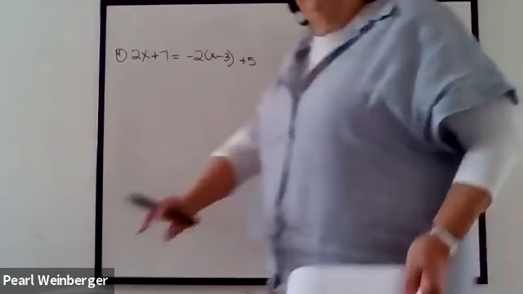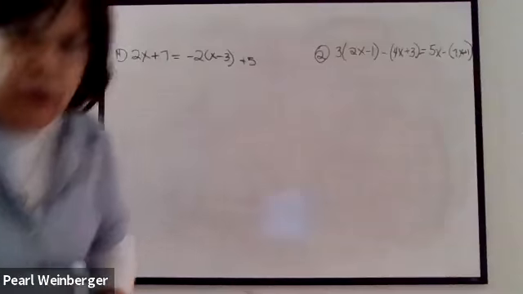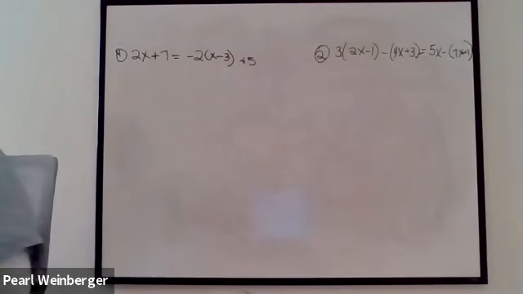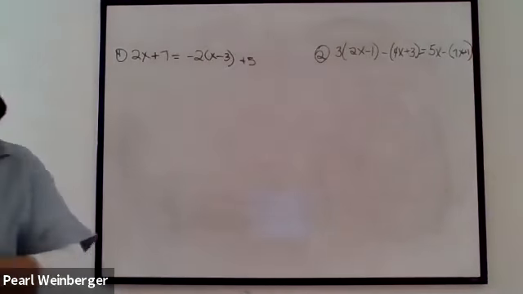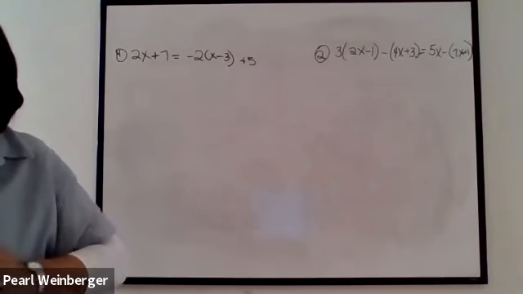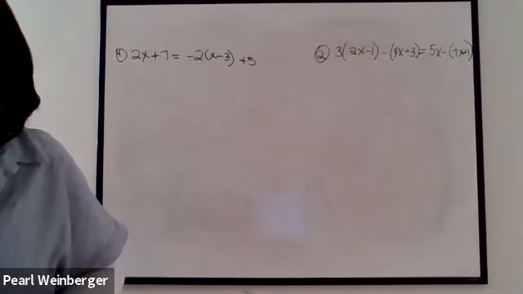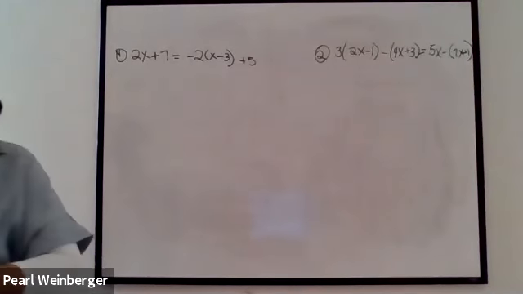Okay, I'm going to give you a few minutes to work on these 2 problems and see if you could come up with the solutions. If you want, you can then put the solutions on the chat.